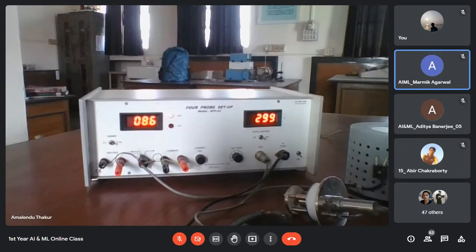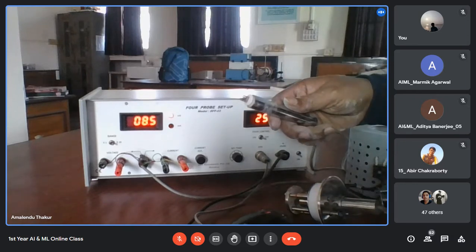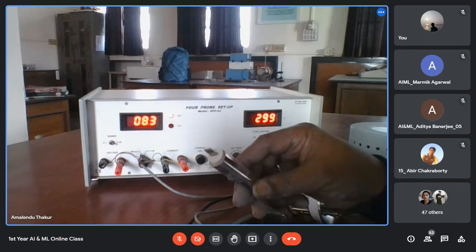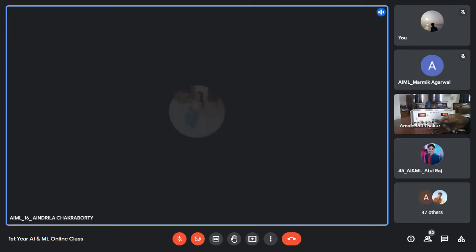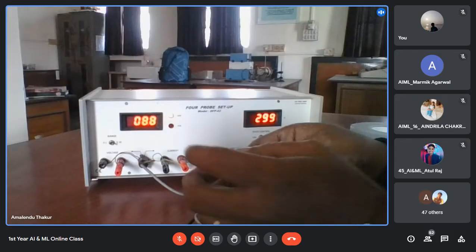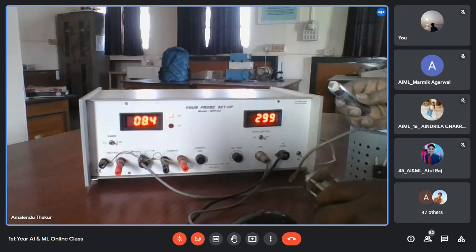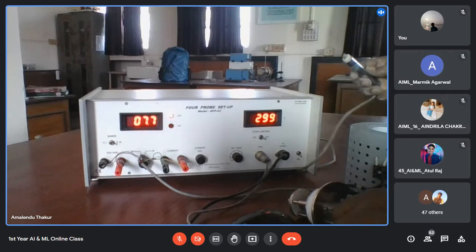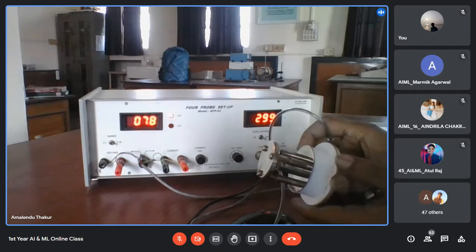Okay, so look, the setup is like this. That is 4 points, 4 probe. These 4 probes are placed on the semiconductor. You just wait, students, I am trying to show you this thing.